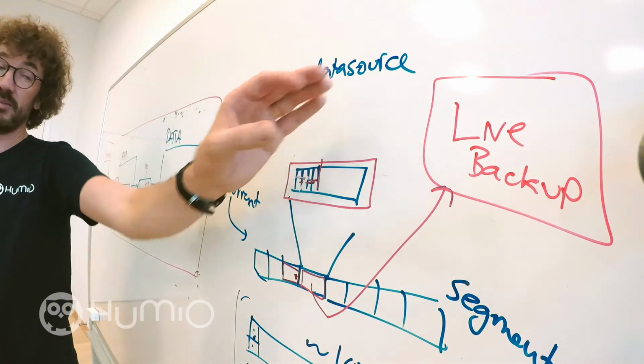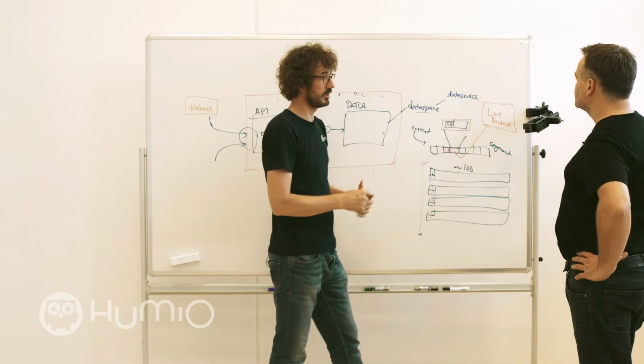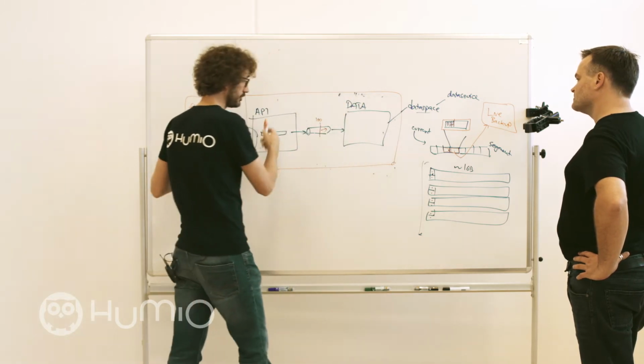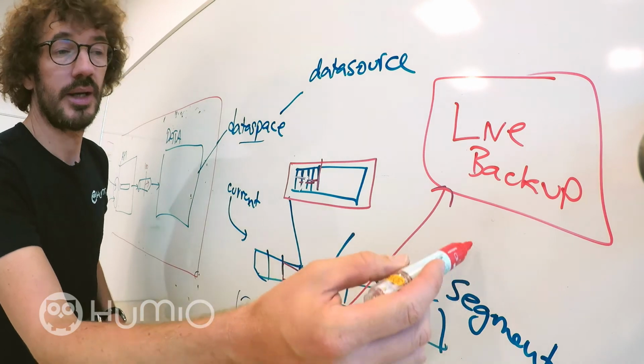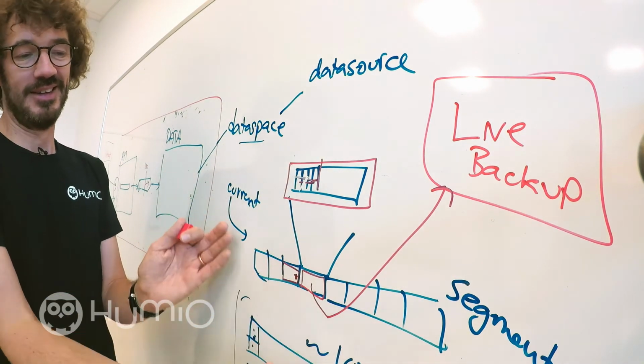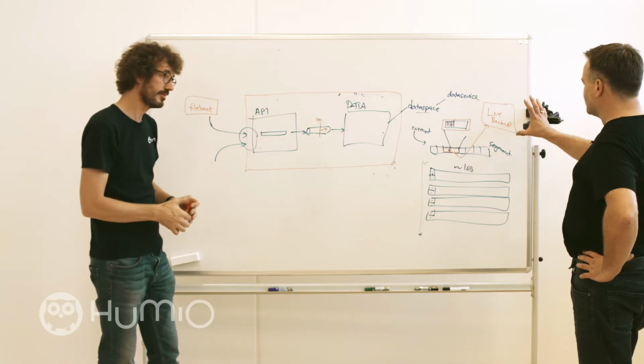That's a file again. It gets encrypted, so you can store it somewhere unsafe, like in a public cloud. When the system starts up, it reads any blocks that are missing from the system from the live backup. So this is an optional thing I can do.